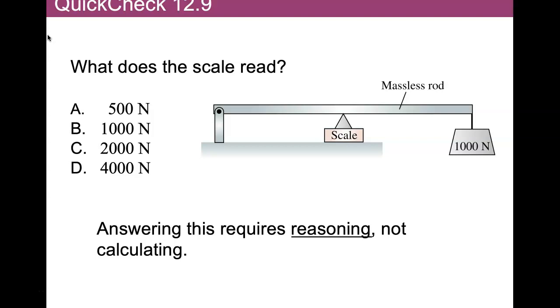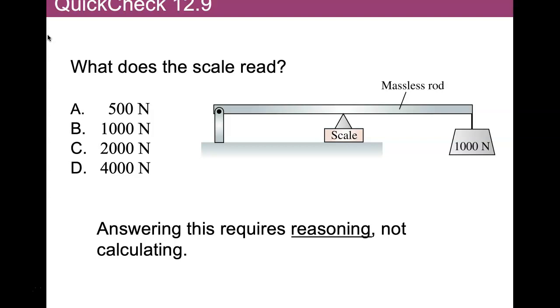Yeah, so what can we say? Well, if the rod is in equilibrium, we can think about the net torque on this rod. We have some forces at the pivot point, the left-hand side of the rod.